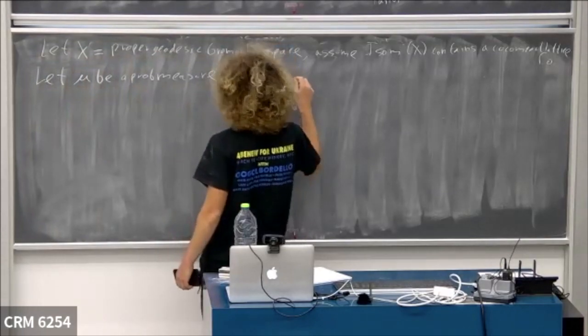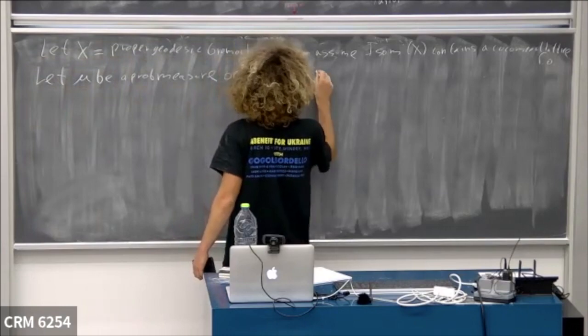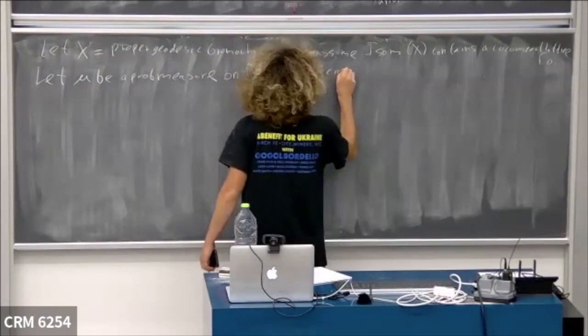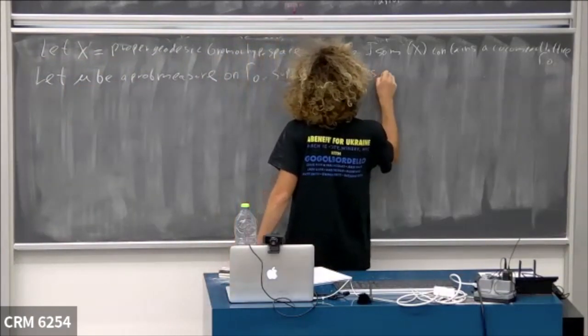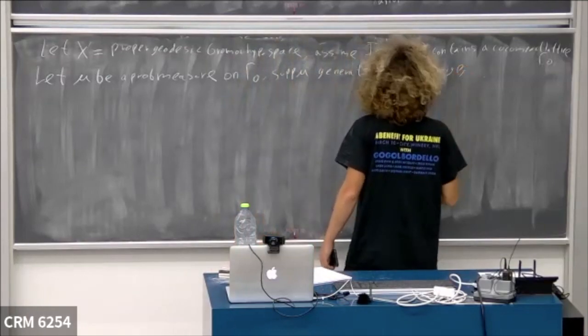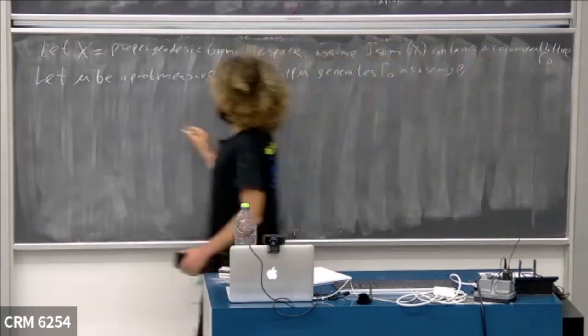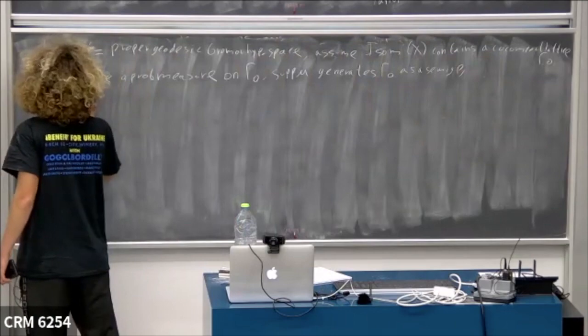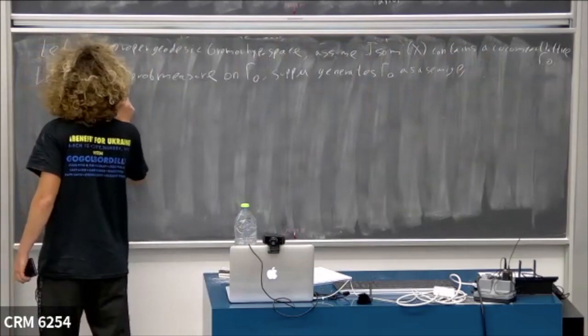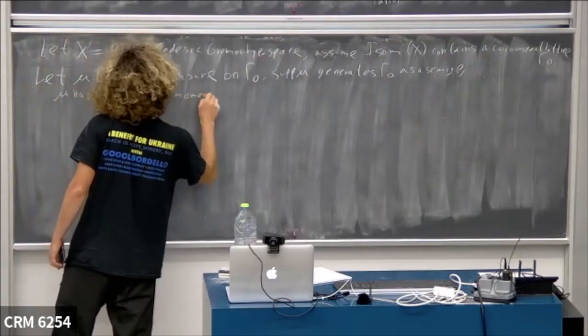And we assume some things of it: the support generates gamma 0 as a semigroup, and you also assume that mu has finite second moment.